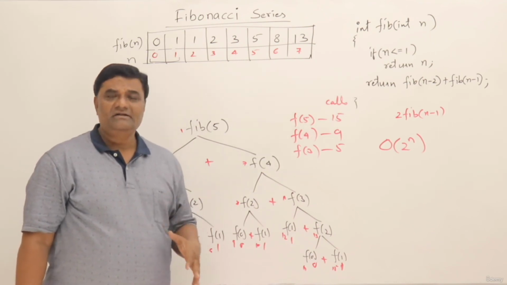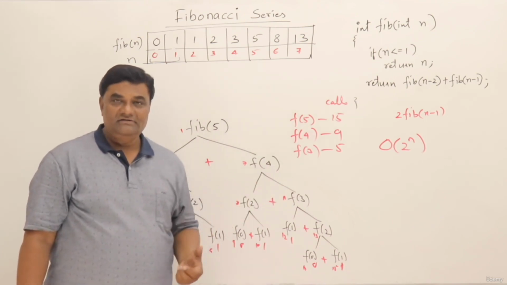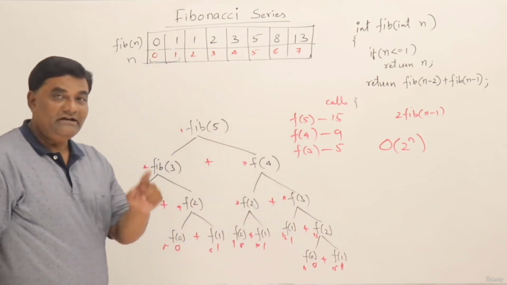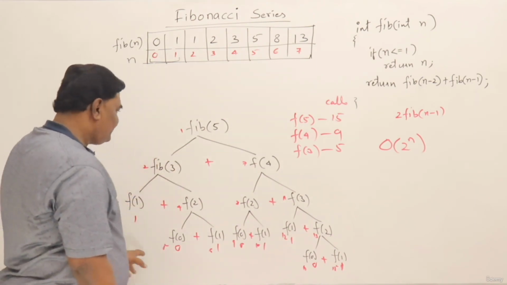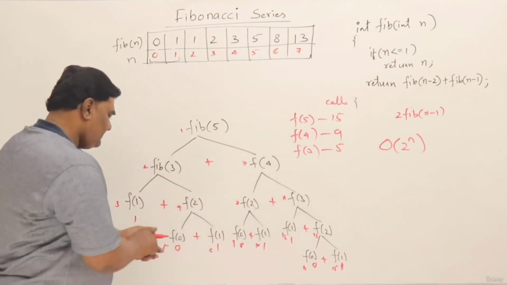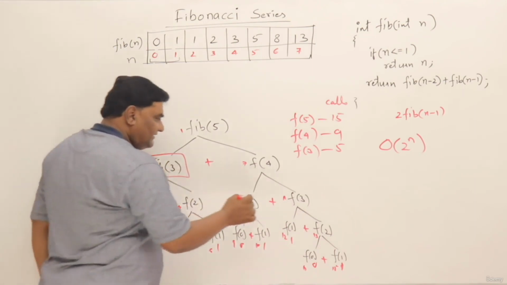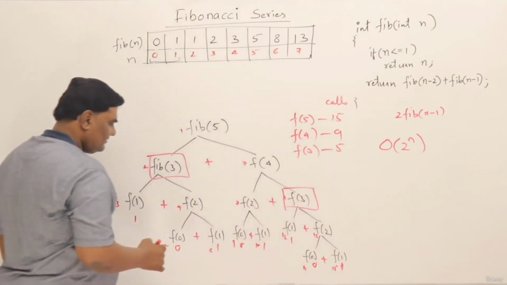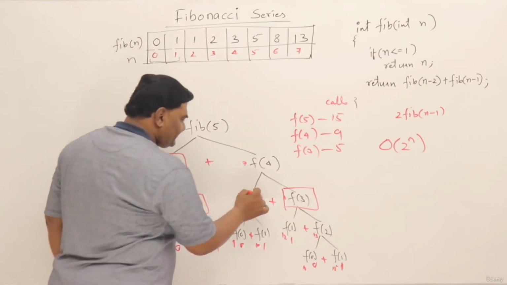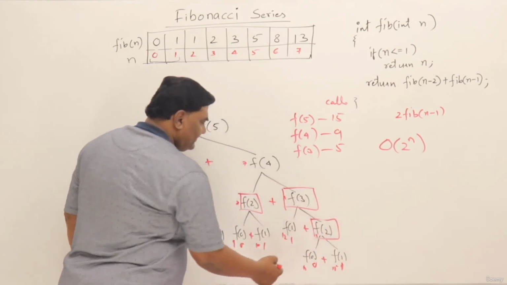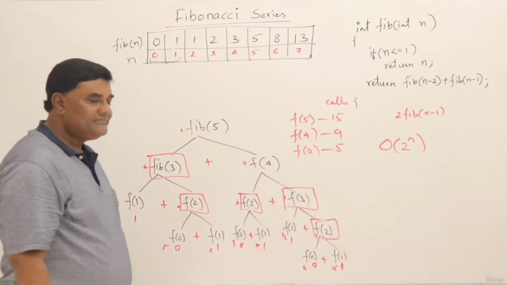Now, is there any method to make it faster than 2 power n? Let us observe. This analysis is important. If you see the tracing tree, that is the recursion tree, function f3 is called here, and again it is called here. f2 is called here first time, then again f2 is called, then again f2 is called. Similarly, f0 and f1 are also called multiple times.